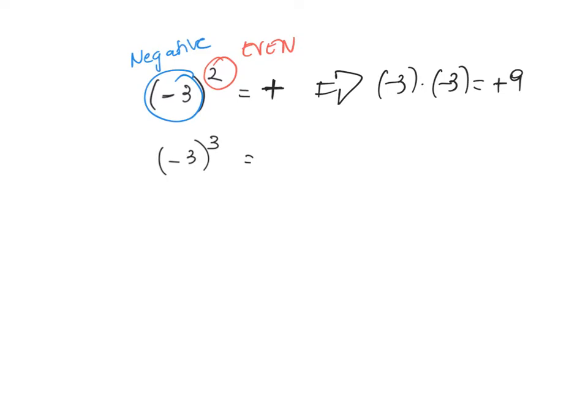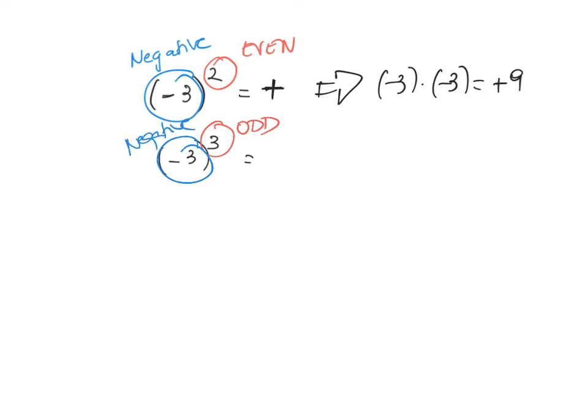What happens if the exponent is an odd number? Here it's an odd number: 3, 1, 3, 5, 7, and so on. And of course, the base of the power must be a negative number.